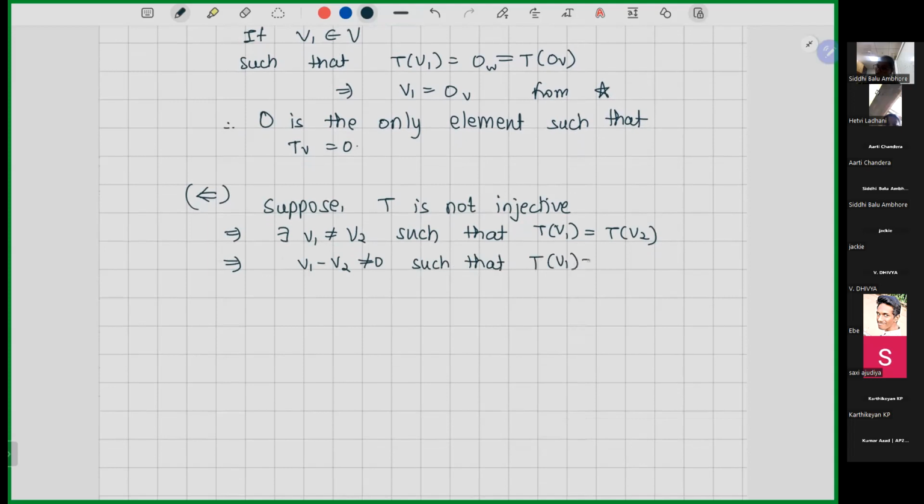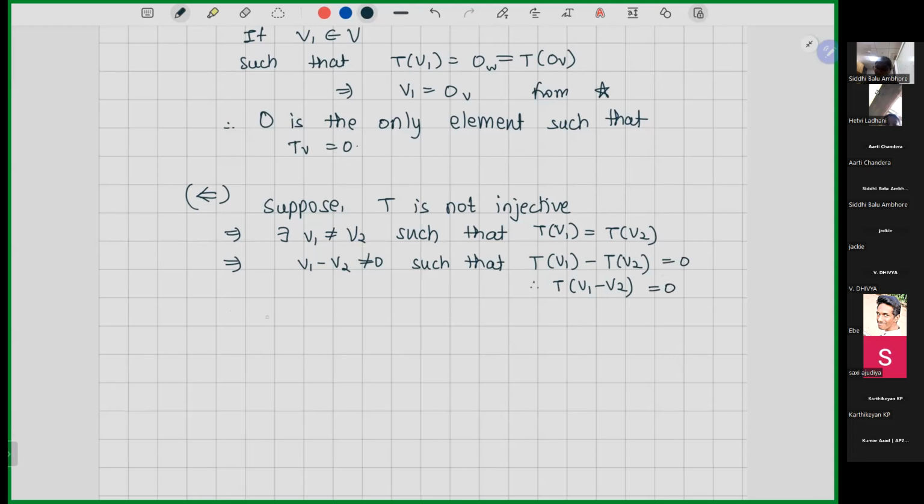So T of V1 is equal to T of V2 implies T of V1 minus T of V2, which is equal to T of V1 minus V2, is equal to 0, because we are given that T of V1 is equal to T of V2. Therefore this is 0.